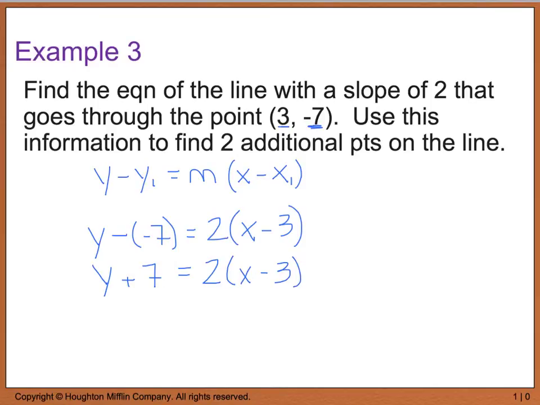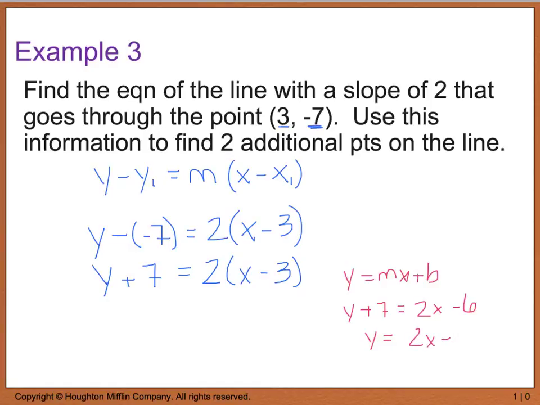Now from here, if you really wanted to put it in slope-intercept form, which is your y equals mx plus b, you can. And all you have to do is distribute. So we would have y plus 7 is equal to 2x minus 6, and I'll get y by itself by subtracting 7 from both sides.